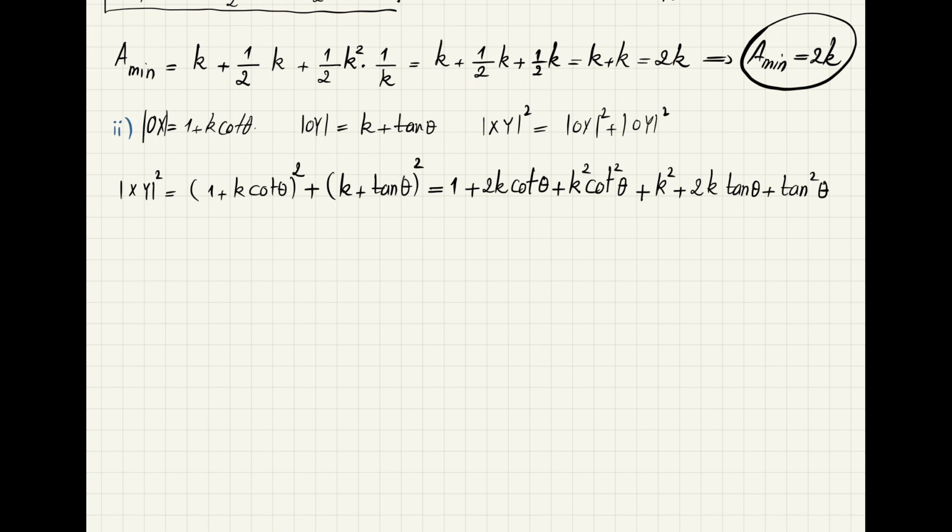Yes? Okay. Now this 1 here and that tangent squared theta at the end, I have 1 plus tangent squared. It's the famous formula, it's secant to the 2 theta. Yes?